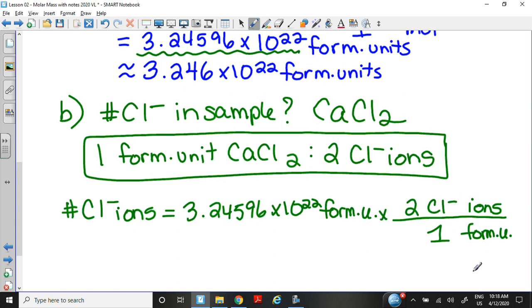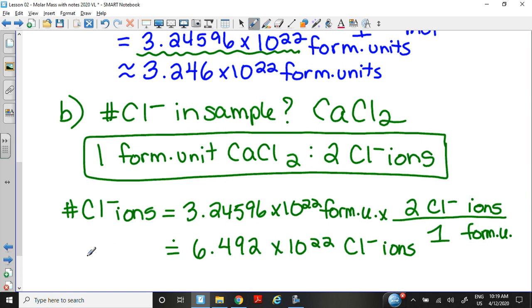So now we can see we're taking our number of particles, formula units, and multiplying it by how many chloride ions there are for every 1. So now when we do that, we're going to basically double our answer. So when you do that, you should get 6.492 times 10 to the 22 chloride ions. And that's already rounded to significant digits there.